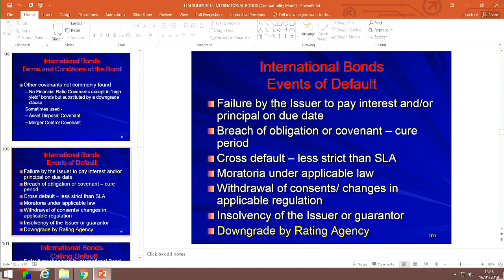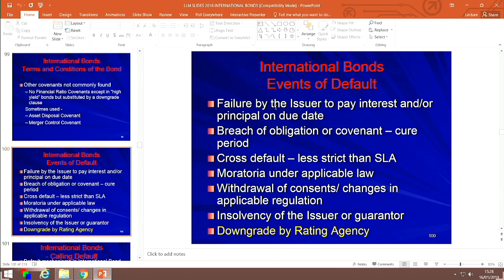Now you can see how effective even a weak cross default is, because if there is a very powerful set of financial ratio covenants in an SLA and one of them is breached, giving rise to an event of default under the SLA, guess what happens under the bond instrument? There's a cross default occurring.